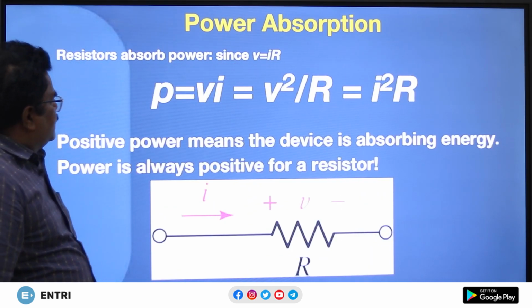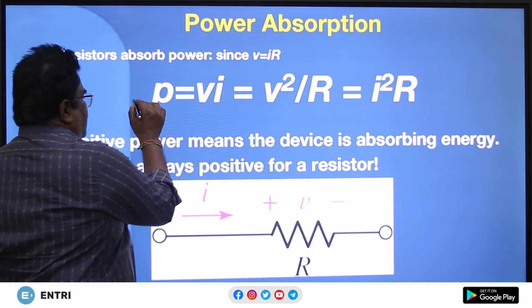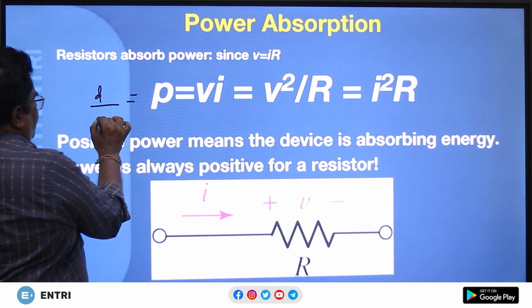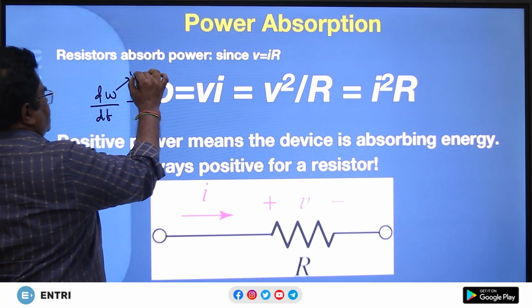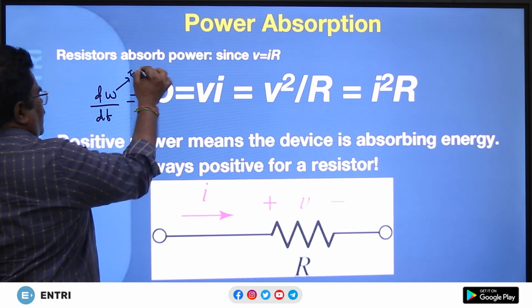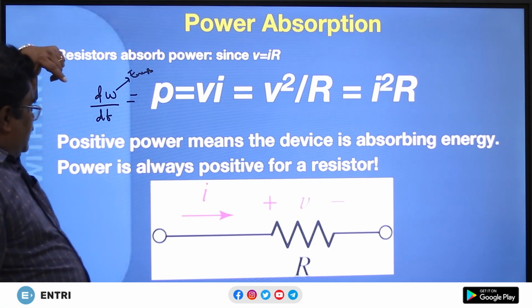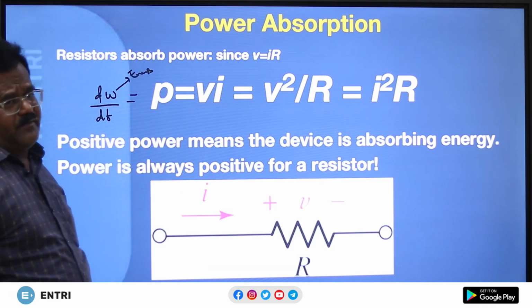Now come to power. The power, generally we are discussing, is the rate of doing work. Sometimes the work done is also called energy. Both are the same. But clearly remember here, another way it is defined is voltage multiplied by current, which is also power.